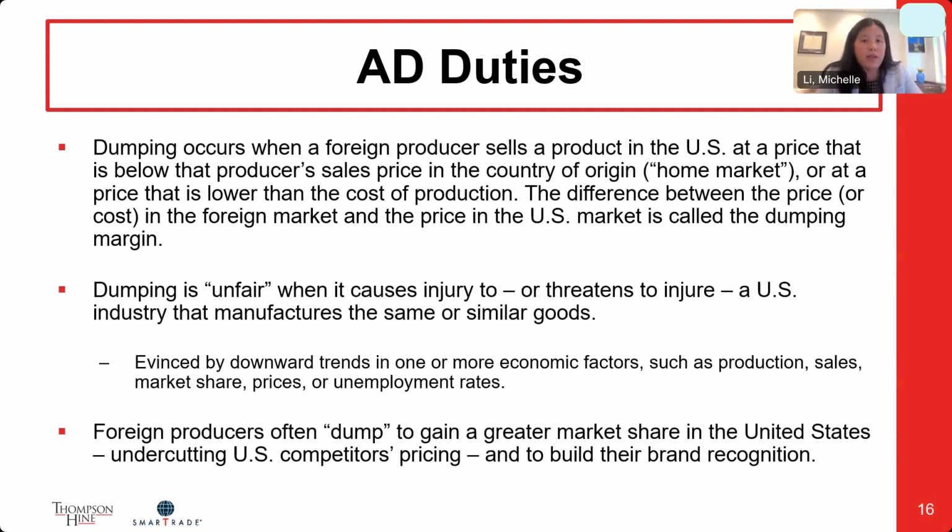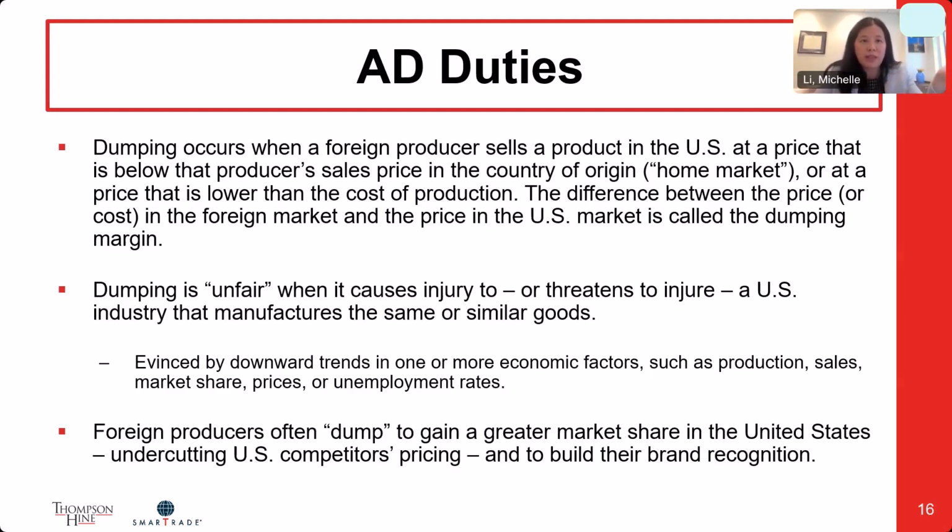Commerce will find that dumping occurs, and they will find a margin based on the difference between the price or cost at which the foreign company sells in its own foreign market or third country market, or its cost, and the price they sell in the U.S. market. It sounds very complicated, but it's a very easy equation.